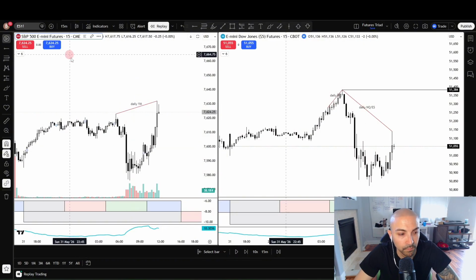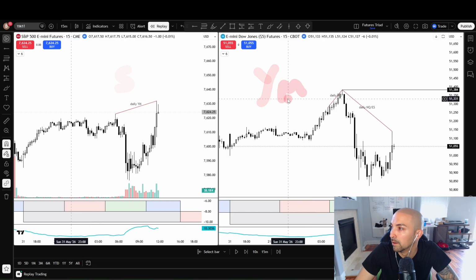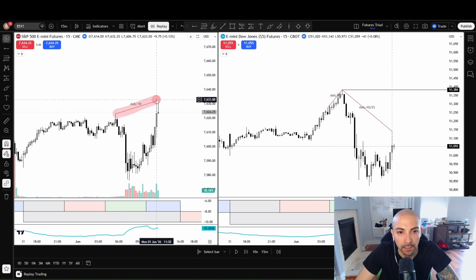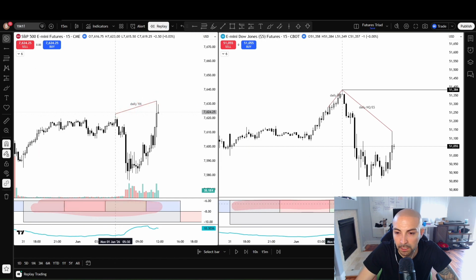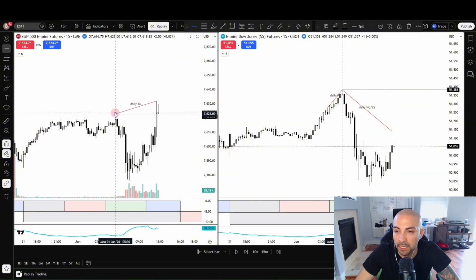So here's a chart. We have ES on the left side, YM on the right side. Here's a good example of a sequential SMT on the daily cycle. The top is daily cycles, and this one is going to be asymmetrical because in this quarter, quarter 3, this level right here is the high of that quarter for both assets.